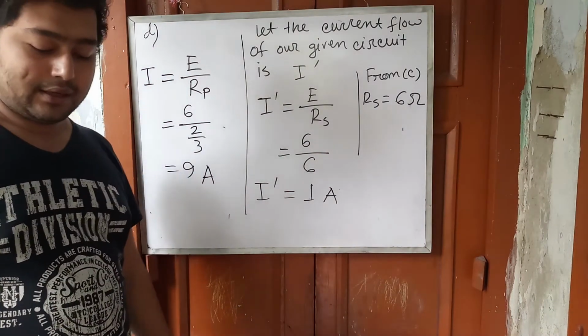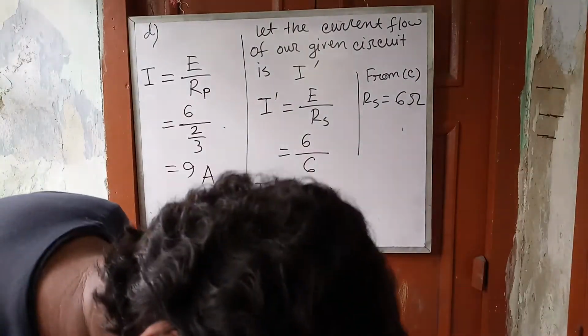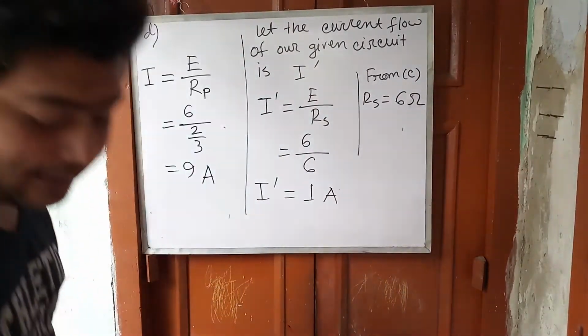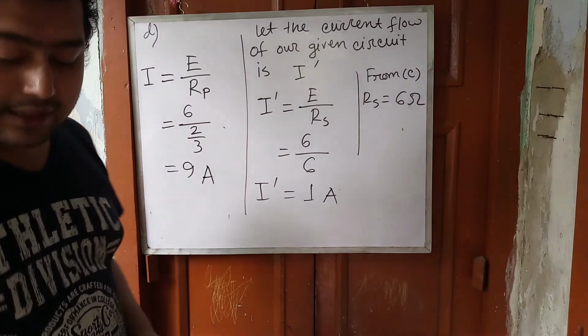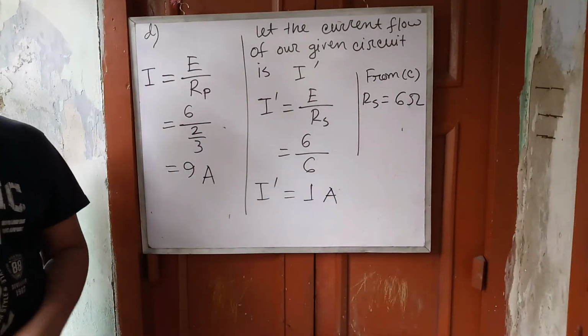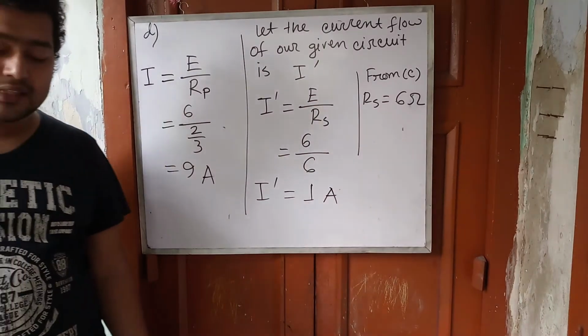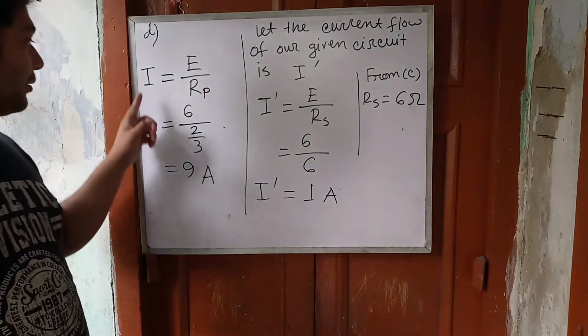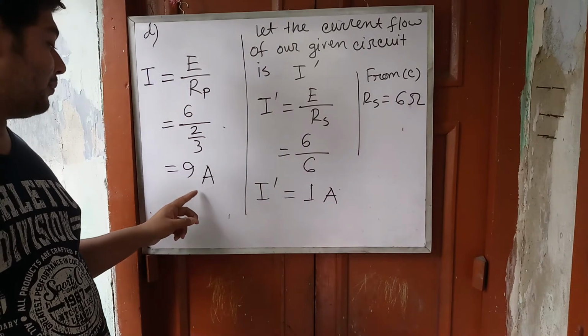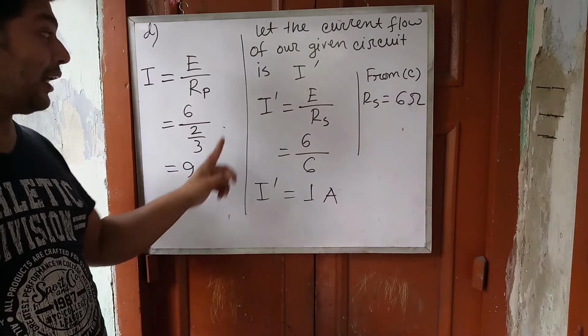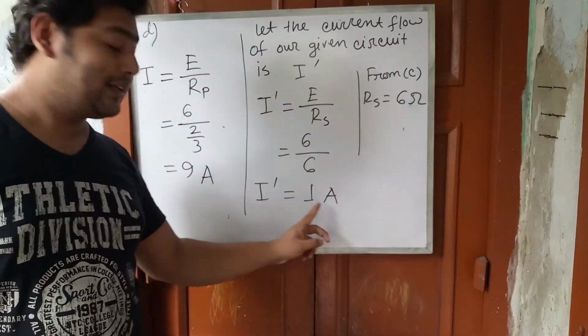Then we can write our discussion: the current of the newly designed circuit is 9 ampere, and the current of the given circuit is 1 ampere.